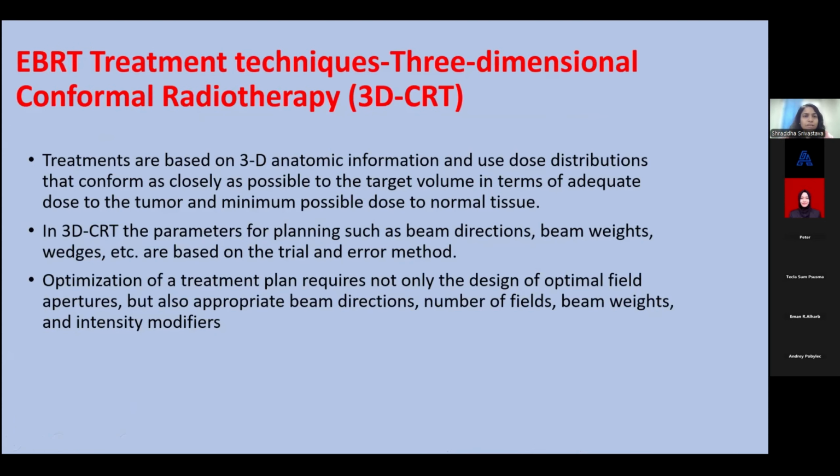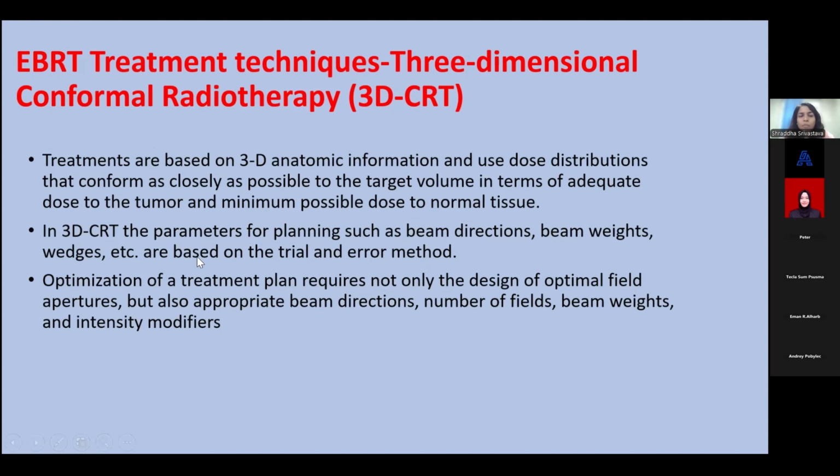Now coming to the next EBRT technique, which is 3-dimensional conformal radiotherapy. So 3-dimensional conformal radiotherapy involves use of 3D imaging like CT images. So 3D anatomic information is used for planning the treatment of cervical cancer patient. And it is called a conformal technique because the dose around the tumor conforms well to the tumor volume and gives less exposure to the surrounding volume.